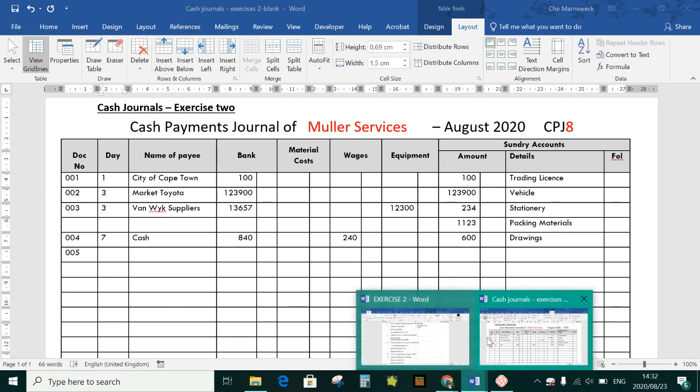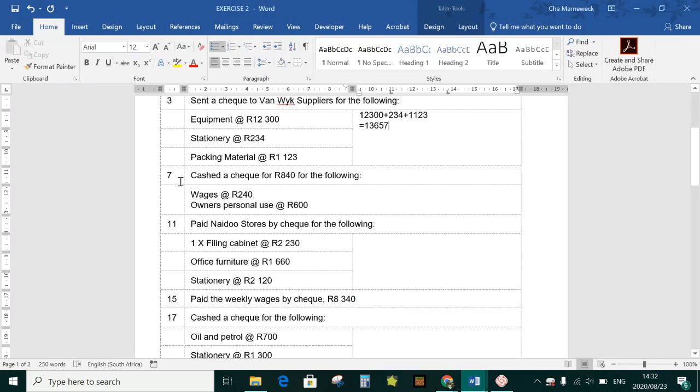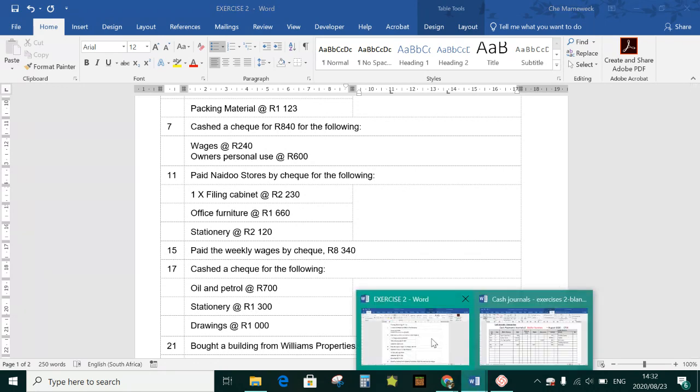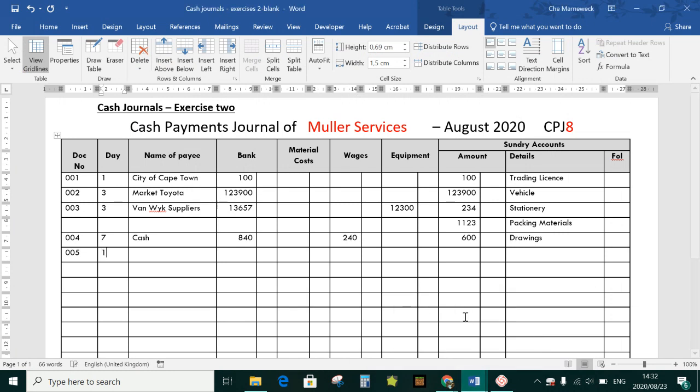And if we have a look, very next transaction is day 11. We are paying Naidu stores. So we go to our cash journal, day 11. We are paying Naidu stores. How much?